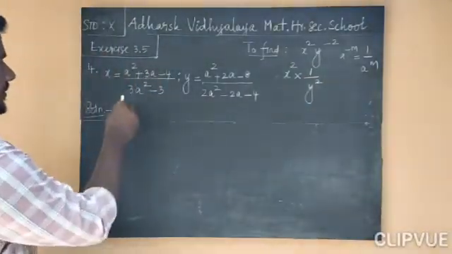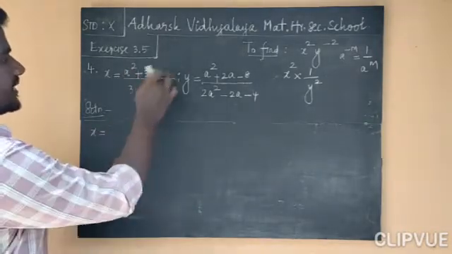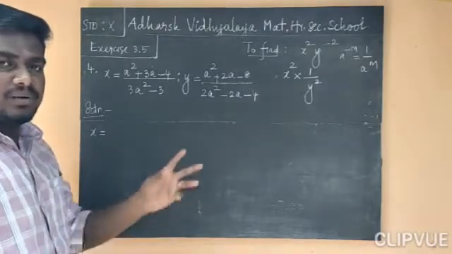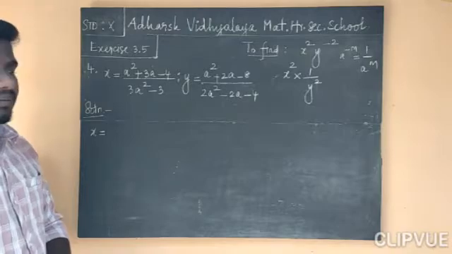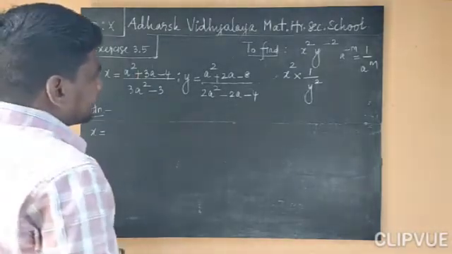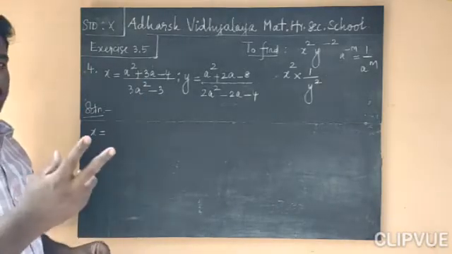So factors, x is equal to a square plus 3a minus 4. Already you are familiar with to find the factors of the quadratic polynomial. So product of two numbers is minus 4, sum of the same two numbers is plus 3. Okay. So when we multiply 4 and minus 1, we can get minus 4, and when we add, we get 3.